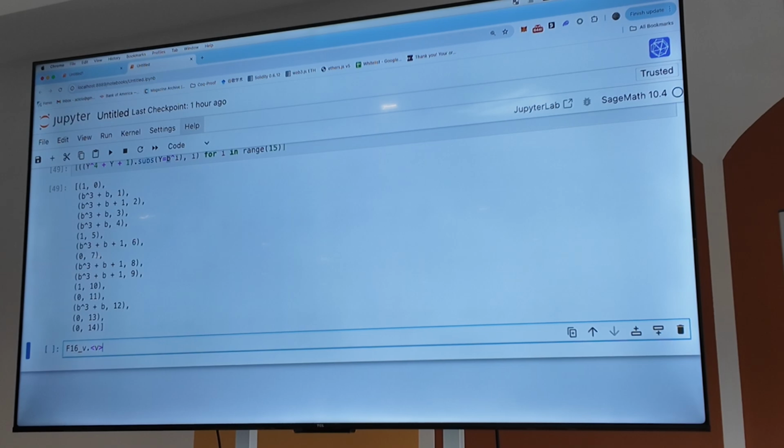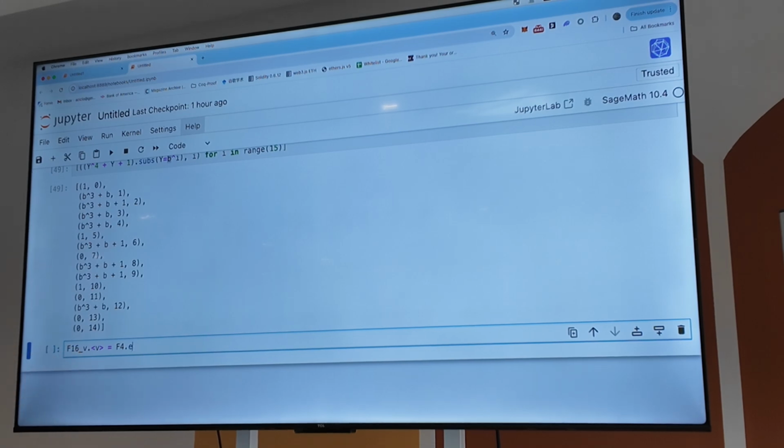We use V as the new element, so we construct F16 directly over F4 instead of F2. If we define F16 over F2, we use a degree 4 irreducible polynomial.